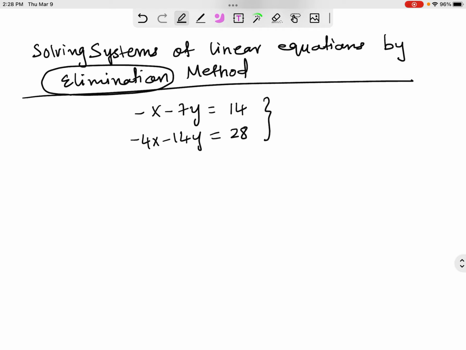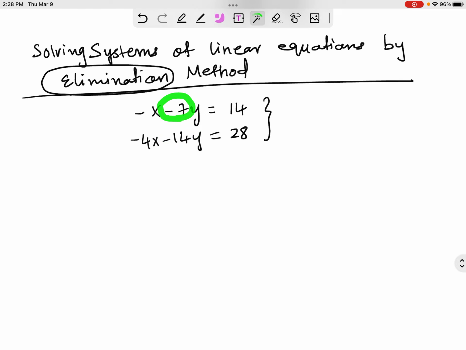For this particular problem, I'll show you this problem both ways, by eliminating the y variable and solving the entire system, and then we'll do the exact same problem by eliminating the x variable. So whenever you try to eliminate one of the variables, you are looking at the coefficient. My coefficient here is -14 and my coefficient right here is -7.